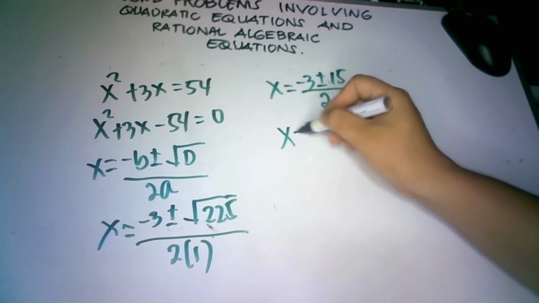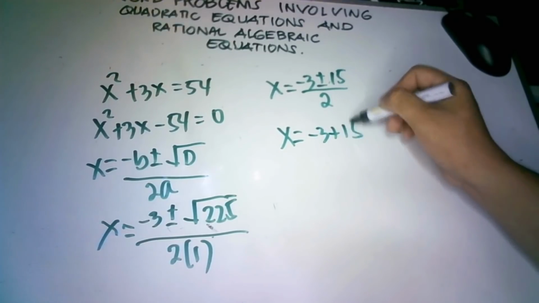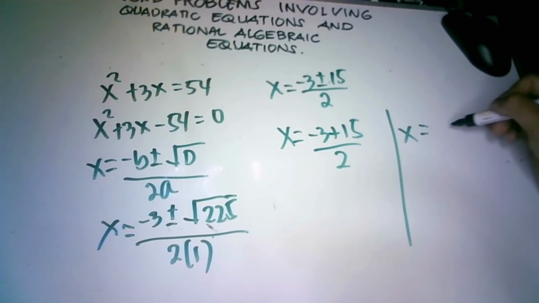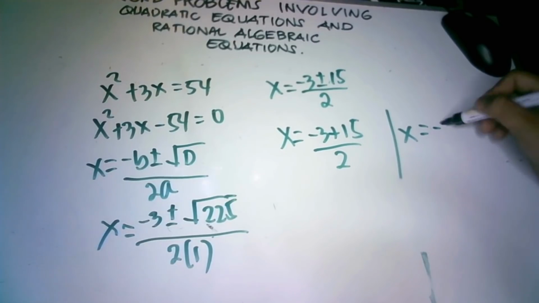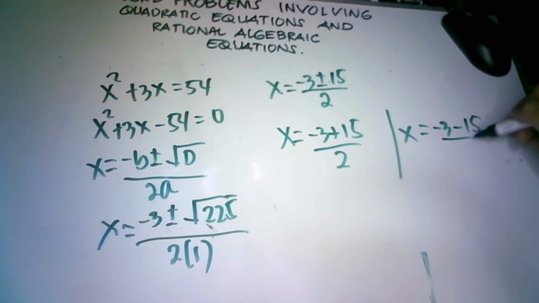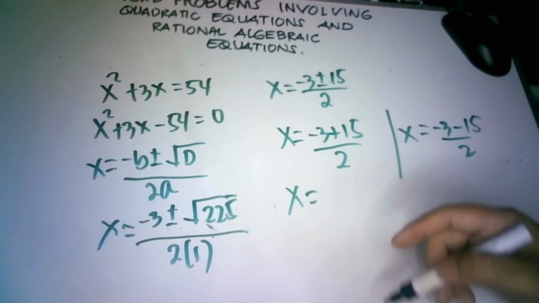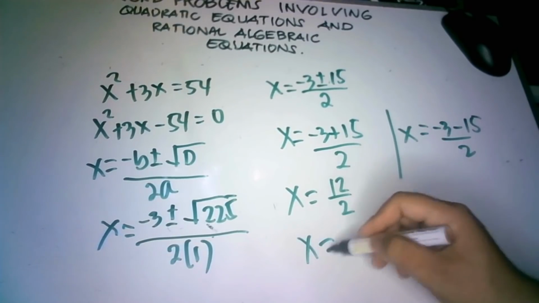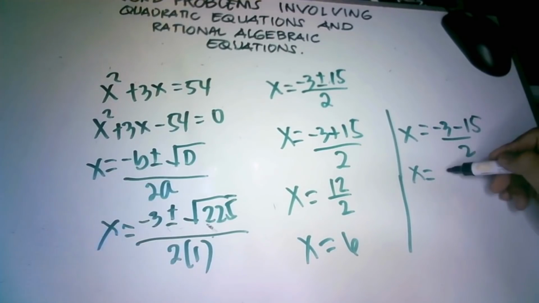So x equals negative 3 plus 15 over 2, and x equals negative 3 minus 15 over 2. So what is negative 3 plus 15? That is 12 over 2, so x equals 6. On this part, x equals negative 18 over 2.